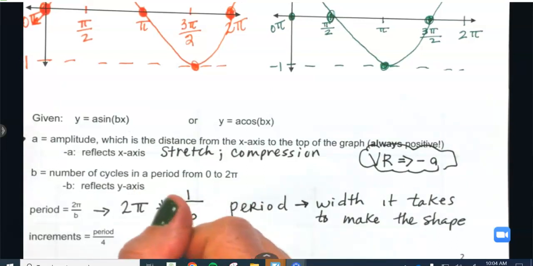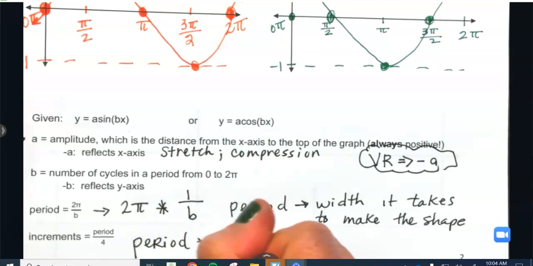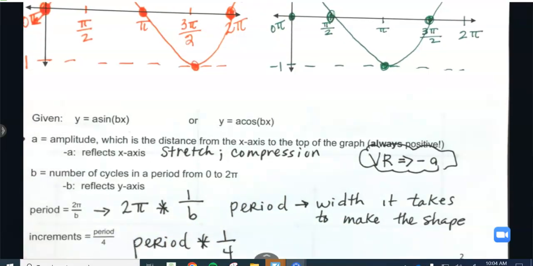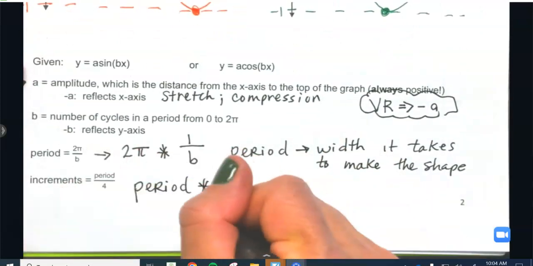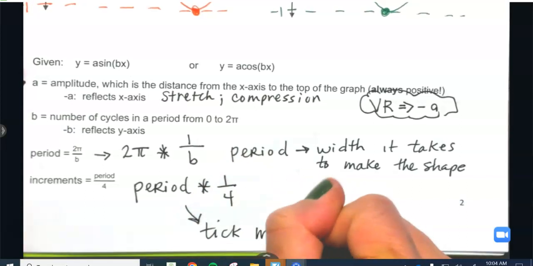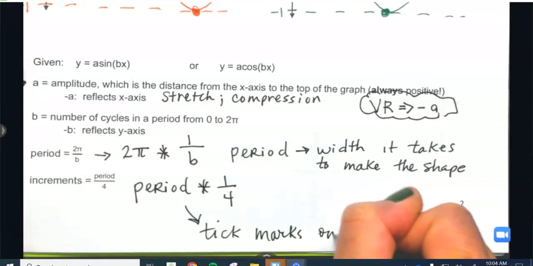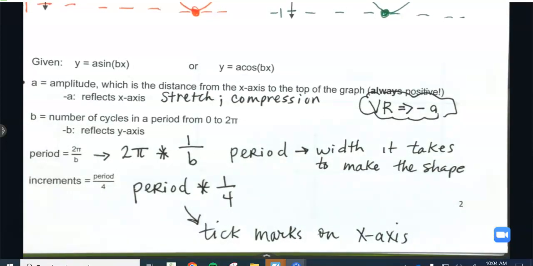So, again, y'all, I know it's being divided by 4, but it's going to be so much easier mentally if we just multiply by 1/4. And these increments are just tick marks on the x-axis. That's all that is.